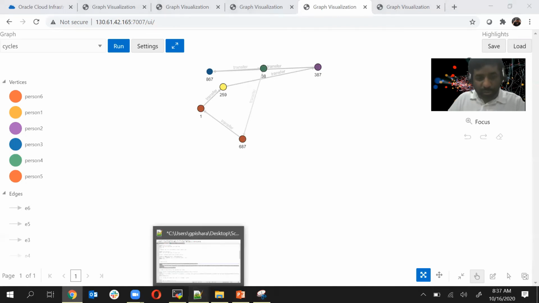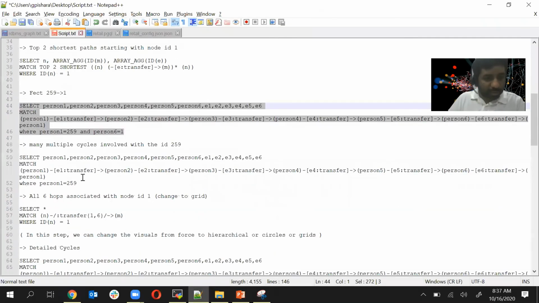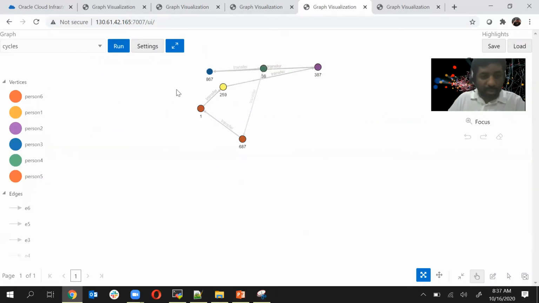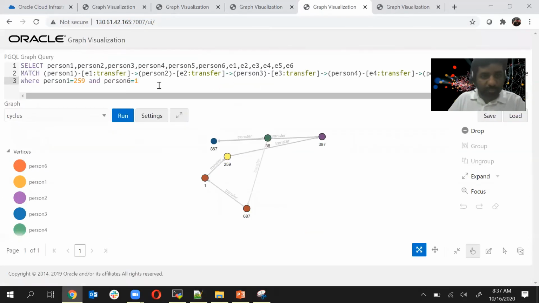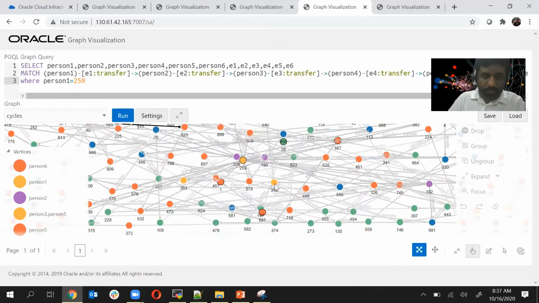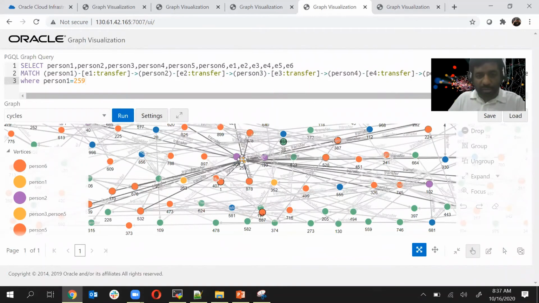So that was one more example of the query. Let's now try to identify many multiple cycles. Now we can see that for that particular ID 259, there are in fact many multiple cycles.